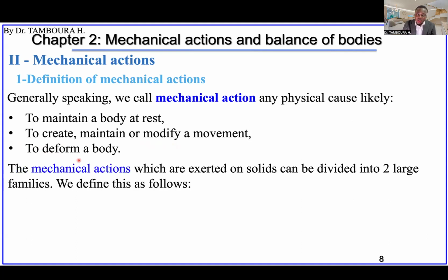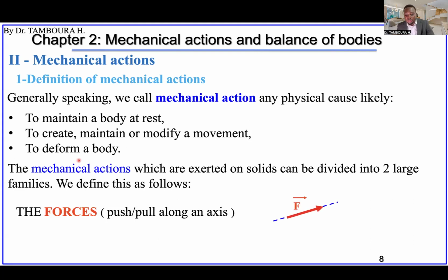Okay, so mechanical actions which are applied on solids can be divided into two large, big families. Okay, the first one is the family of forces.